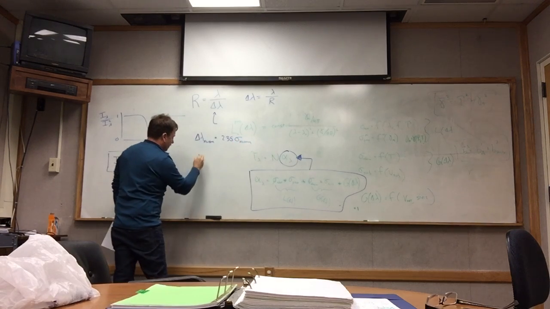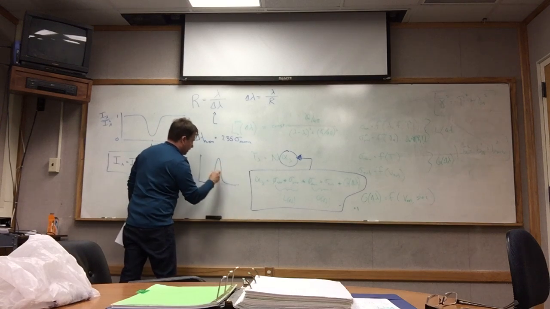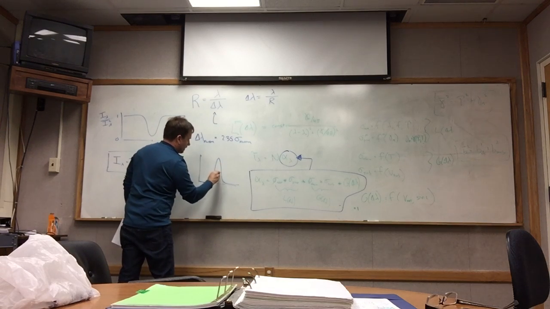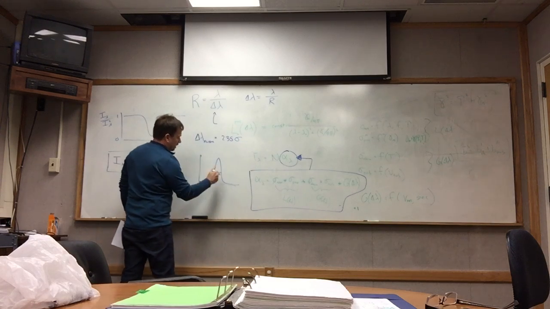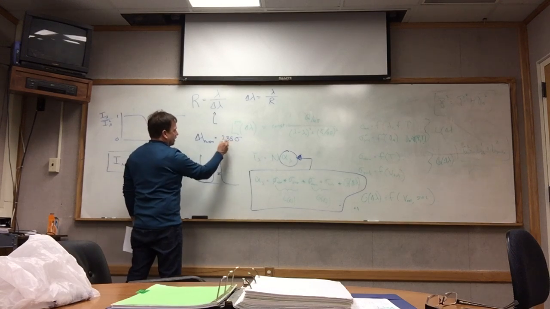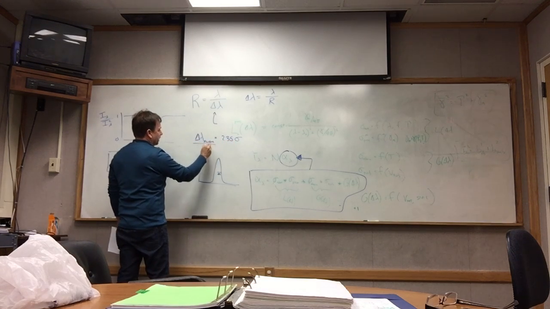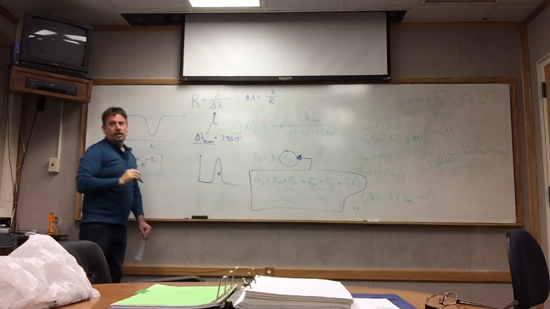So if the instrumental spread function is a Gaussian with some sigma, 2.35 times sigma gives you the full width half maximum, and that's the delta lambda that goes here.